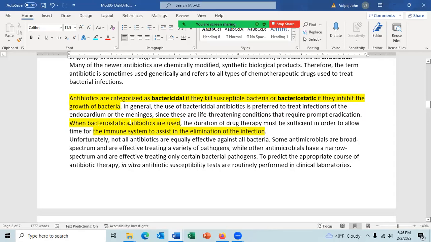When a bacteriostatic antibiotic is used, it will not remove the bacteria from the patient, but doctors rely on the immune system to assist in eliminating the infection. Usually a bacteriostatic antibiotic is effective because the host immune system will be given the time it needs to remove the bacteria from the patient, and the bacteria can't grow because of the bacteriostatic agent.